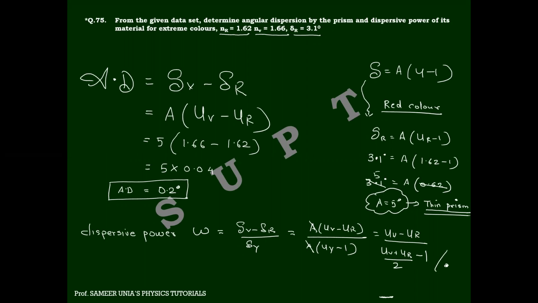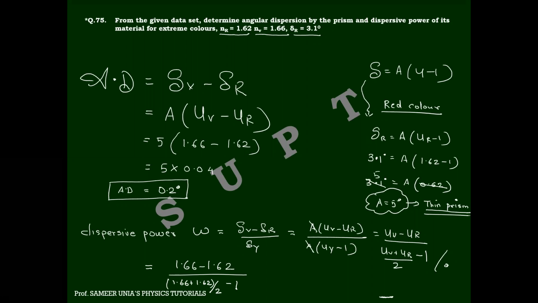Did you understand this formula? We have derived all this. μ_V is 1.66 minus μ_R 1.62. μ_V plus μ_R is 1.66 plus 1.62 divided by 2, minus 1.